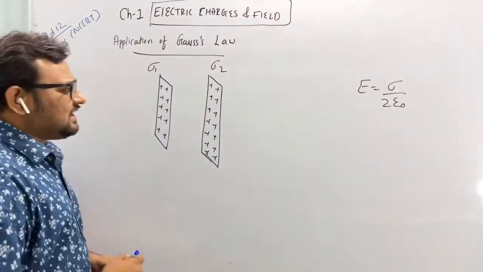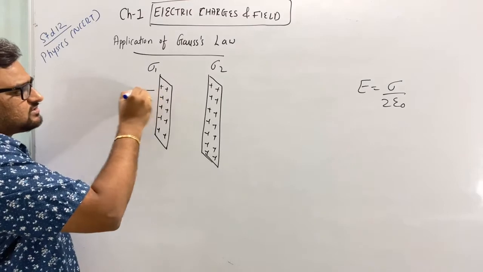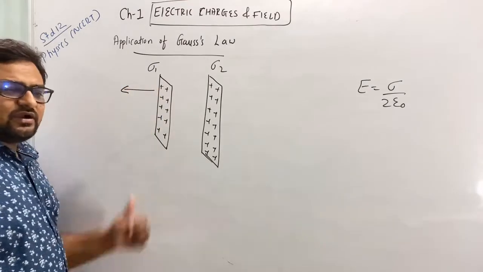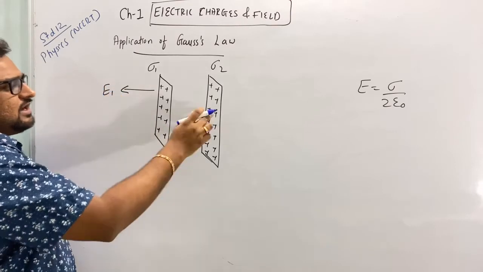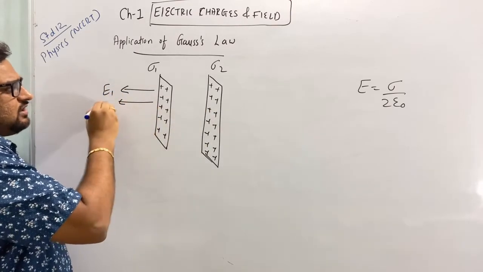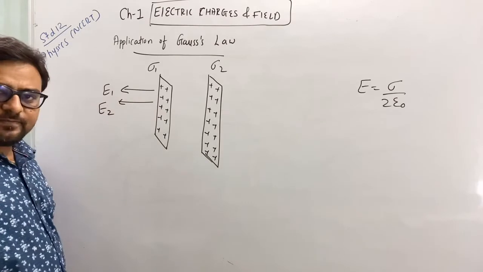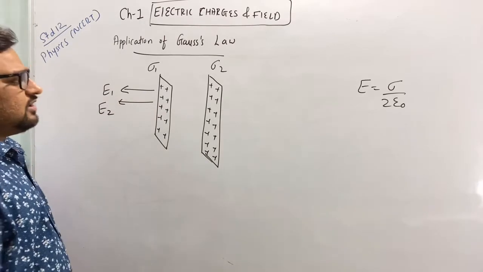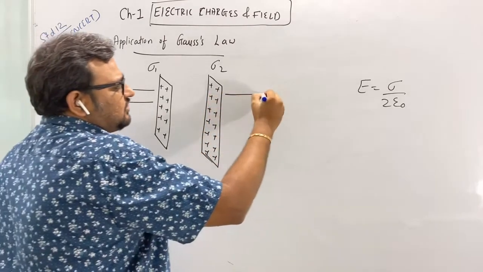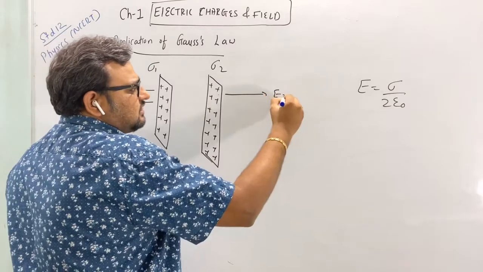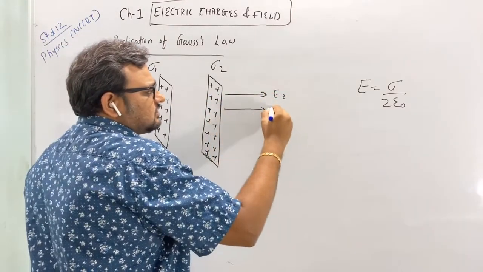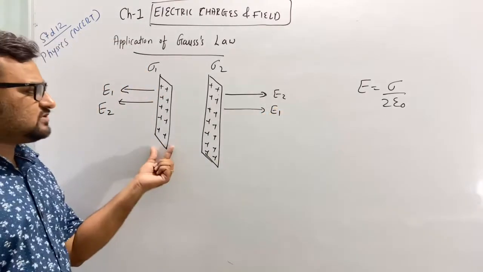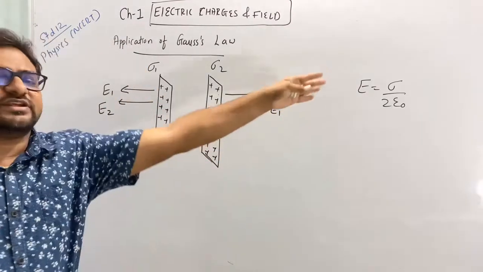Now the electric field lines due to this plate will be away, and due to this plate, again away. For this plate it is in this direction, and for this plate it is in that direction.